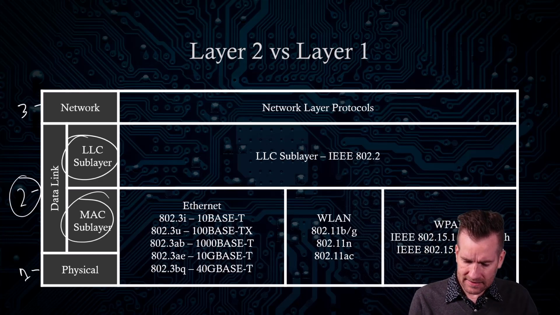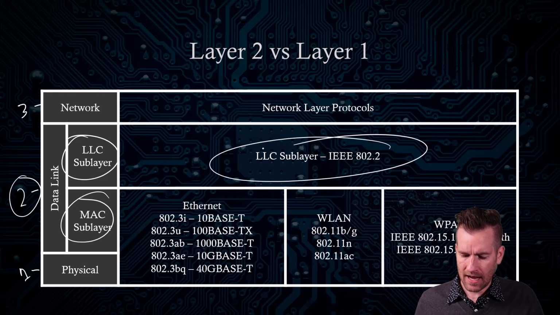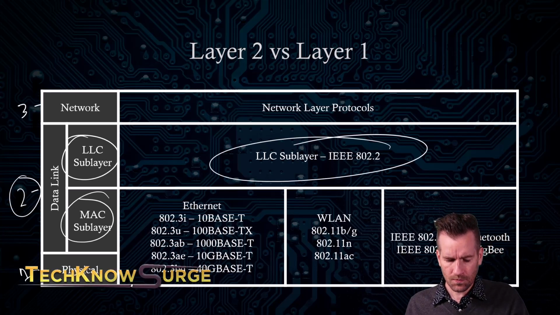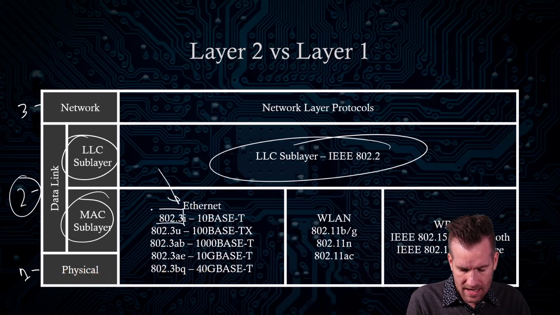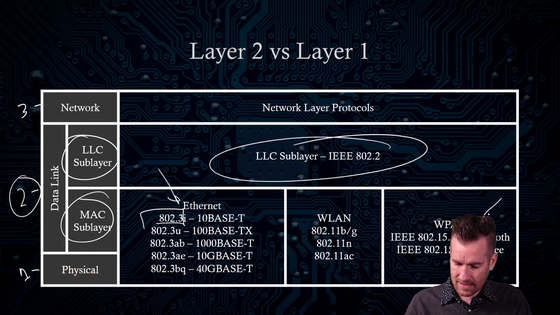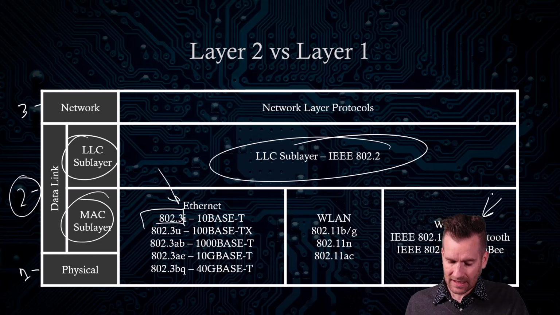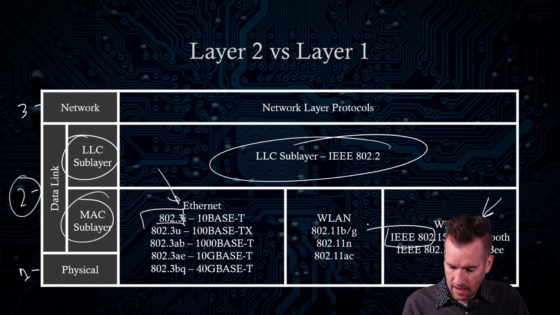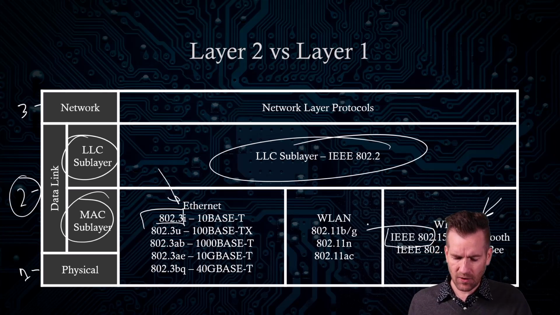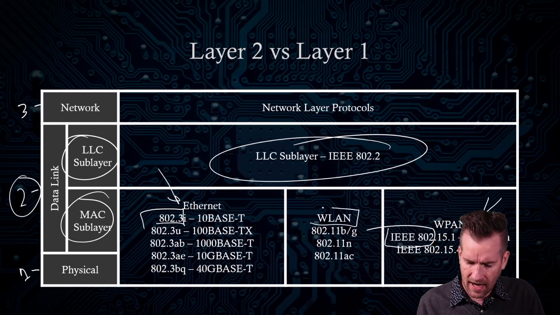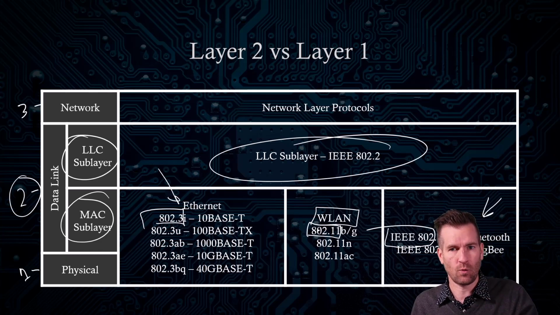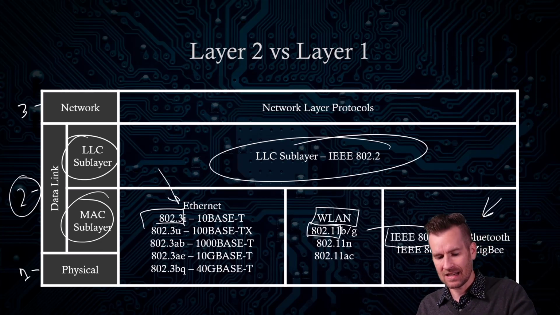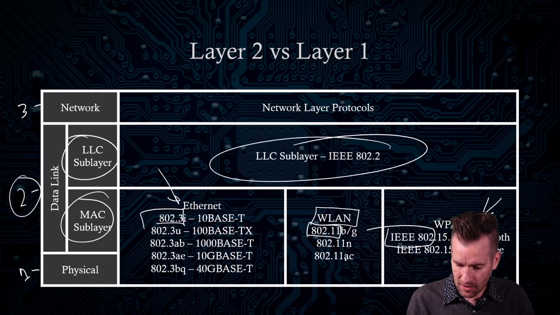So the LLC sublayer is defined by IEEE 802.2. We see that Ethernet is defined by 802.3, and we see wireless networks that are defined by IEEE 802, and specifically things that define a wireless LAN are defined by 802.11, and there's a lot of different ones, A, B, C, D, E, F, and then we get into this AC.